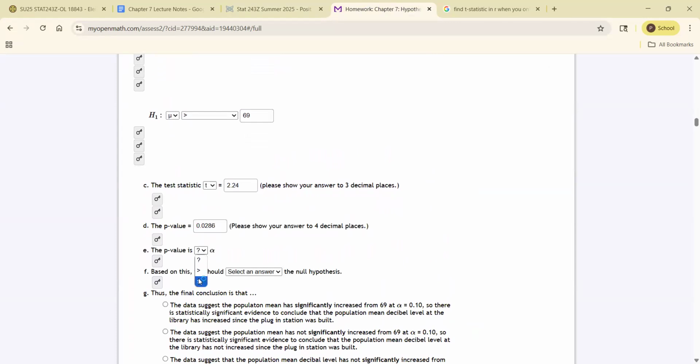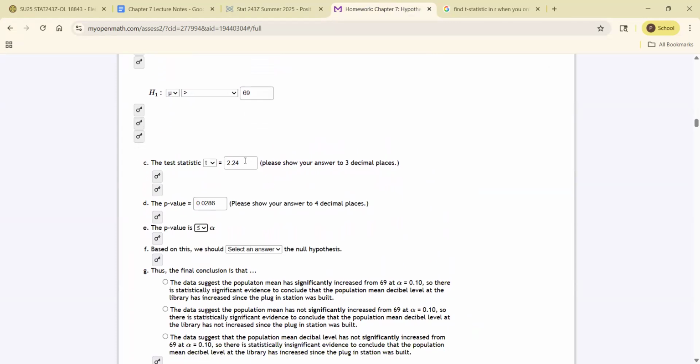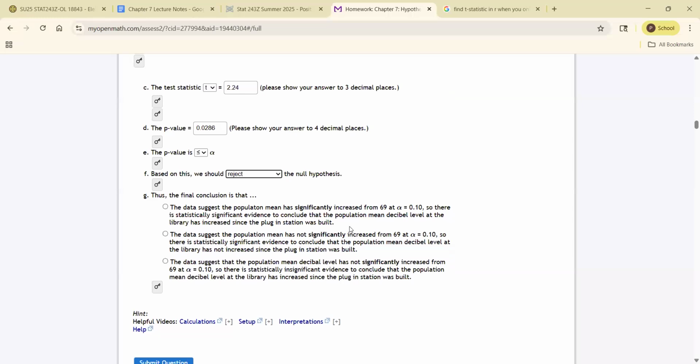This probability is definitely less than 0.1. Our decibel levels that we recorded, those are ruby slippers. So we do not think we're in Kansas anymore, and we're going to reject the null hypothesis. The data suggests that the population mean has significantly increased. So we're going to reject the null hypothesis.